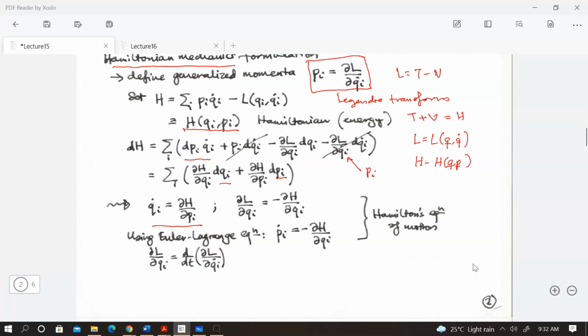And this two-set thing, by the way, this is essentially, let me just think, partial H partial q_i, I should be getting a p_i dot.